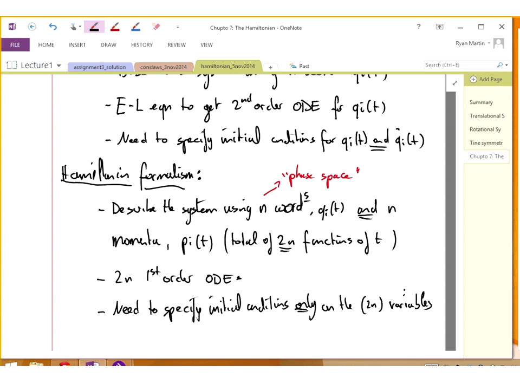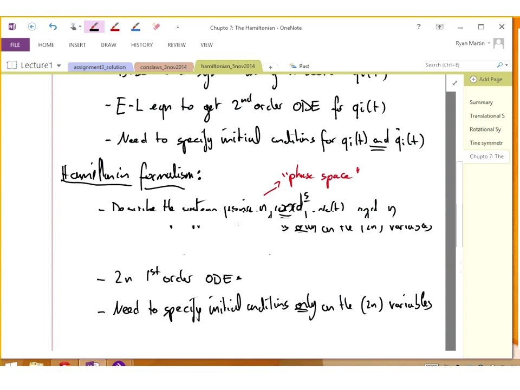You can start anywhere in the space, and the Lagrangian will not determine which path you take until you specify the initial velocities as well. In phase space, all you have to do is specify that initial point, except that that point is 2n-dimensional. But then the Lagrangian, or the Hamiltonian, as we'll see, specifies uniquely the trajectory that that point will take in phase space. This is a key thing to understand, and we'll come back to that later when we look at Liouville's theorem.